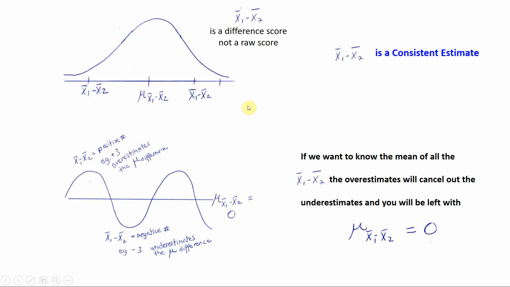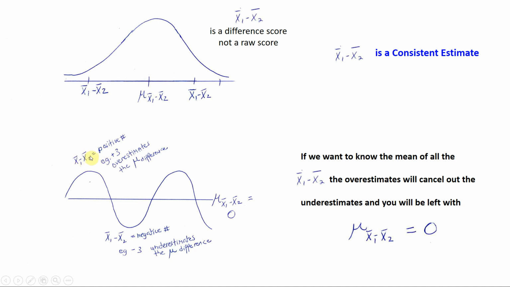So what does that mean? Well, if we start off with the average, and I'm going to come back to this and explain some more why it's 0, but if we took estimates using x bar 1 minus x bar 2, half of them are going to be positive differences.